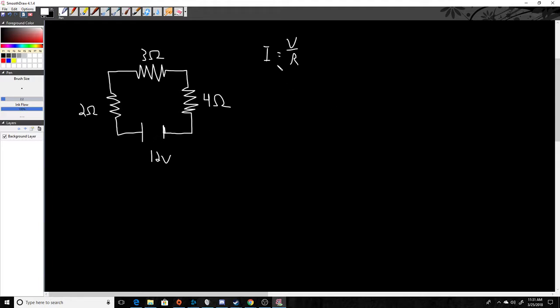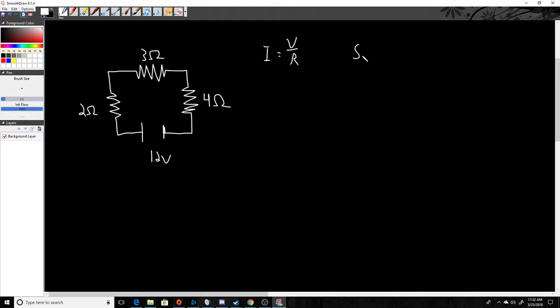Really, what I should see here is that the voltage source I'm supplying is driving a current through the wire. With series circuits, the thing you have to remember is that the current going through this resistor is the same current going through this resistor.